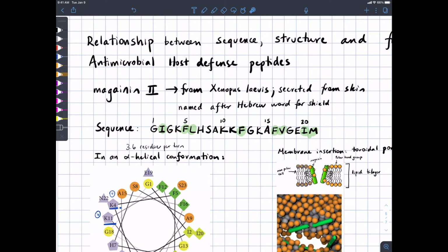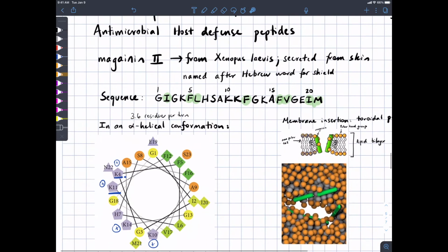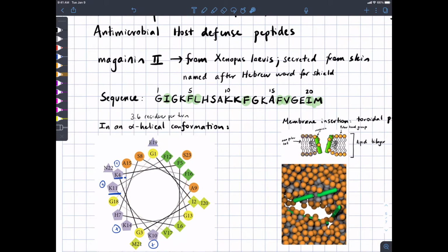So, excuse me, here is the sequence. And here is an alpha helix. Now this doesn't look like the helical wheel diagram we saw above because this is not a coil-coil sequence. This is 3.6 residues per turn instead of 3.5. And what that means is that in 2 turns, you get a little bit farther than 7 amino acids down the line.